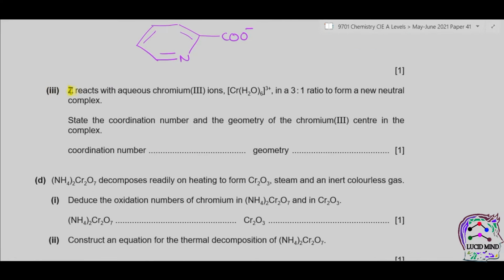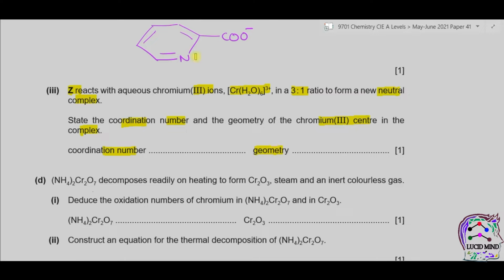Part 3, Z reacts with aqueous chromium 3 ions, Cr(H2O)6 3+, in a 3:1 ratio to form a new neutral complex. State the coordination number and the geometry of the chromium 3 center in the complex. We have to find out the coordination number, which is the number of coordinate covalent bonds between the central metal and the ligands. Second is their geometry.